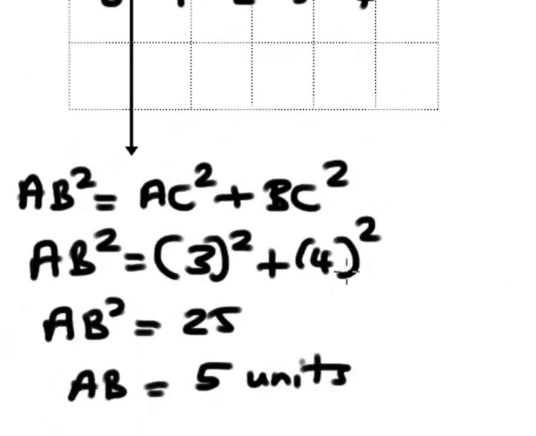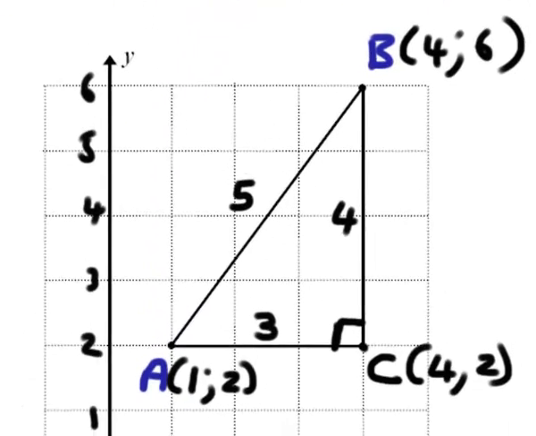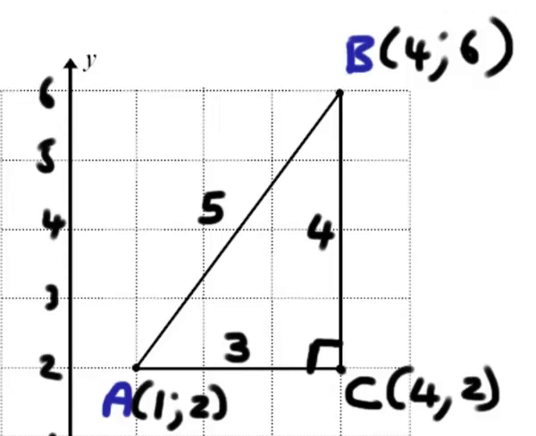But now I want to develop a wonderful formula, but before I do it, I need to clear up a few little things here. Watch this. I want you to focus on the length of BC for a moment. We know it's 4 units, but check this out.